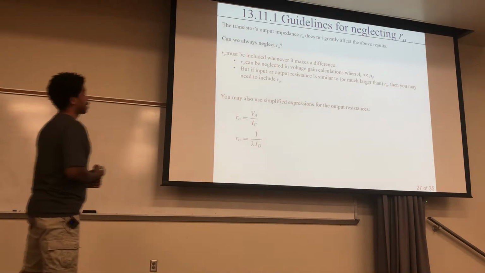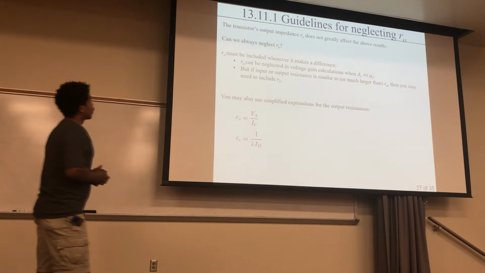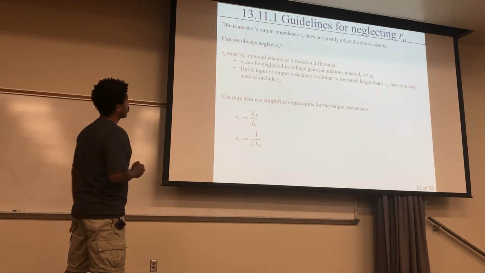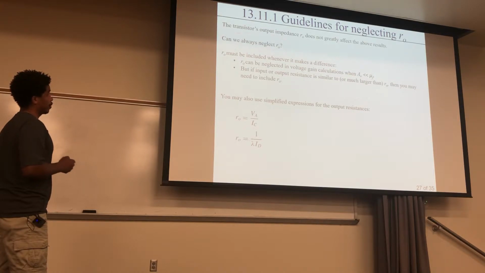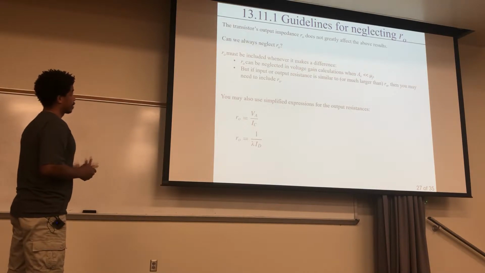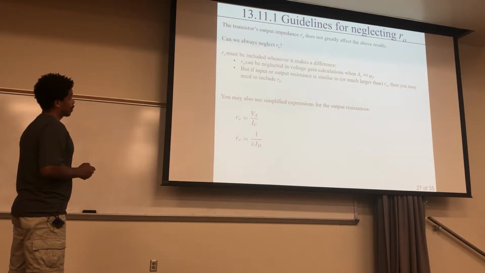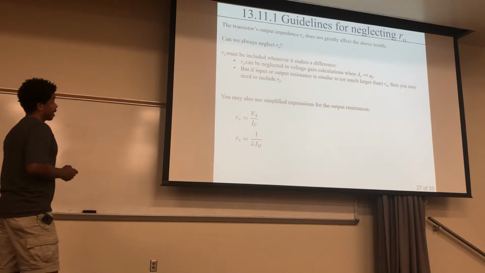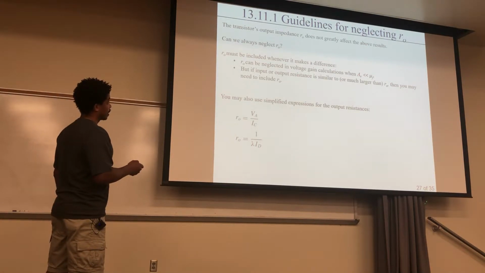Okay, so let's look at some guidelines for neglecting this RO, which we talked about. It says here that the transistor's output impedance does not greatly affect the above results. So the question is, when can you neglect this RO? And it depends. RO must be included whenever it makes a difference, and it does not make a difference when this gain right here is much, much less than your intrinsic voltage gain.